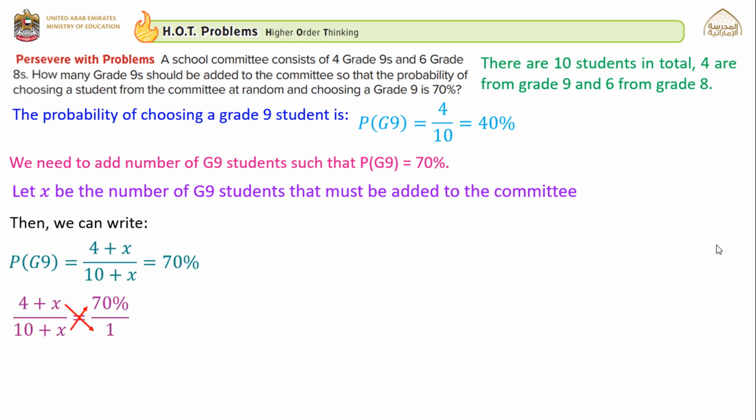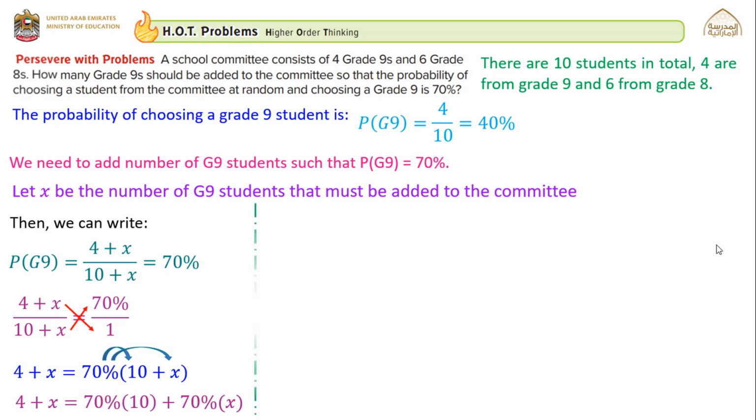Using cross multiplication, 70% times (10 plus x) equals 4 plus x. Distributing 70%, we get 4 plus x equals 70% times 10 plus 70% times x. Simplifying it to find the value of x: 70% of 10 is 7 and 70% of x is 0.7x.